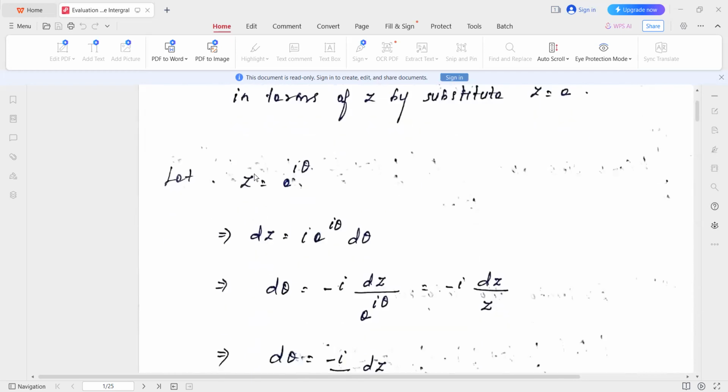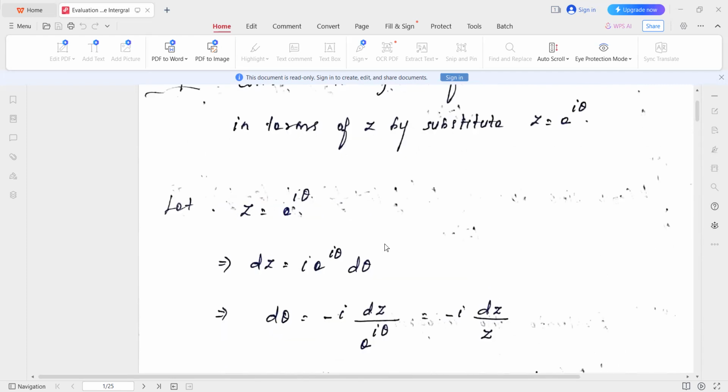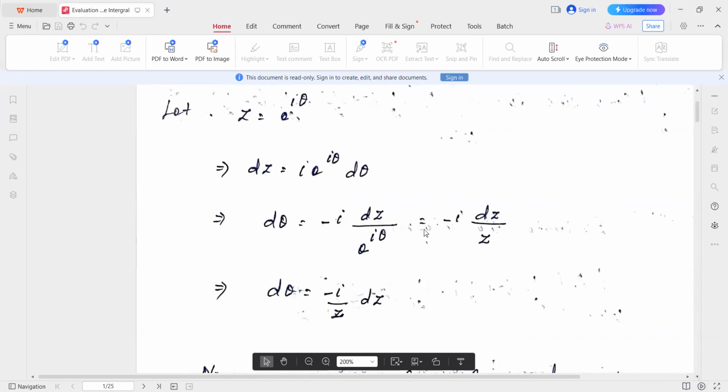We have z equal to e power i theta. By differentiating both sides we get dz is equal to i into e power i theta d theta. By simplifying we get d theta is equal to minus i dz by e power i theta.